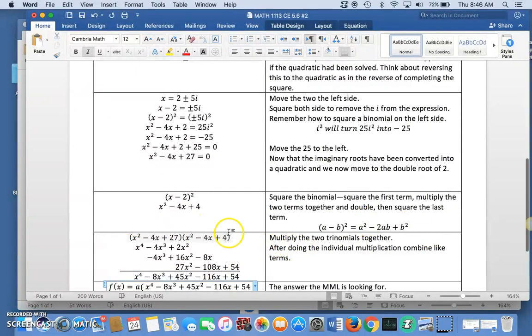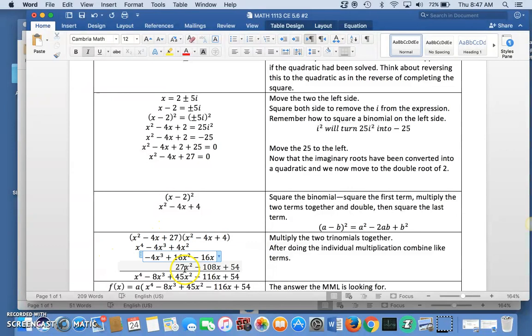Now you're going to have to multiply all of these things together. So this is what will change there. When you go through with the 4x, this is right, this one would be wrong. This one should be a negative 16, because you're taking x squared times everything there, then you're taking negative 4x times everything there.